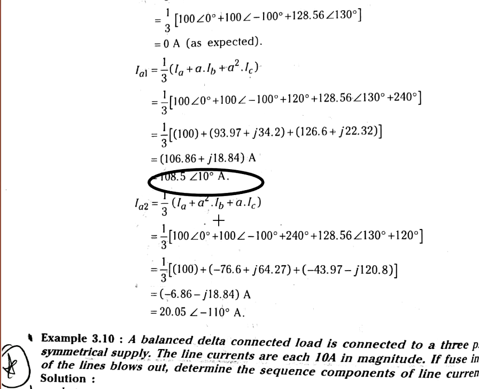Similarly for IA2, you apply the formula IA plus A square IB plus A IC. Apply all the values, and the final value is, after applying 1 by 3, 20.5 at an angle minus 110.